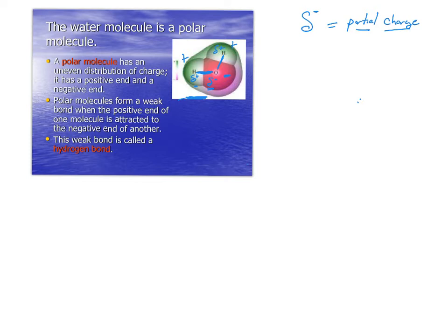So you have to think about this sharing, where sharing covalently is generally even. If it's evenly shared, we call it nonpolar. It's just like two people that share a car, and each one of them gets it for, you know, 12 hours a day. Then they're evenly sharing the car.